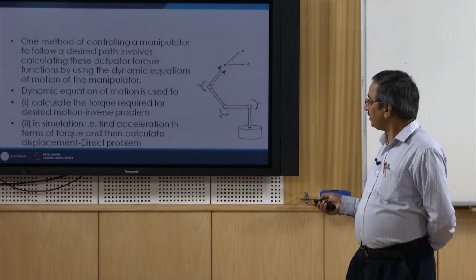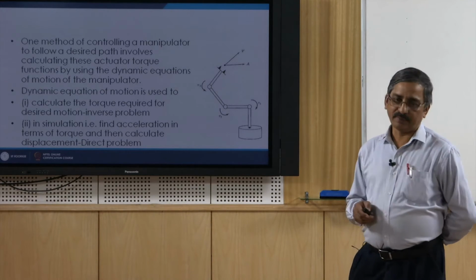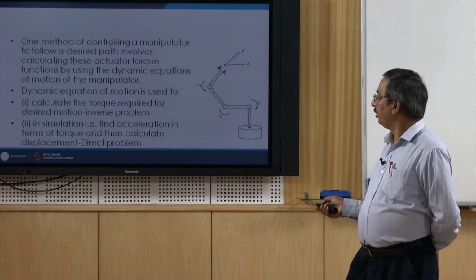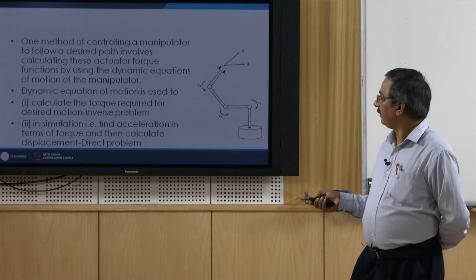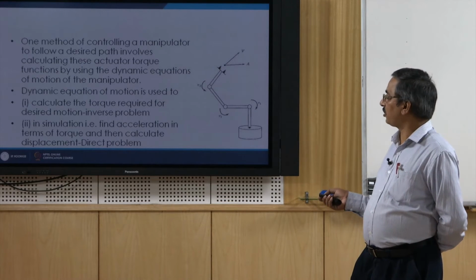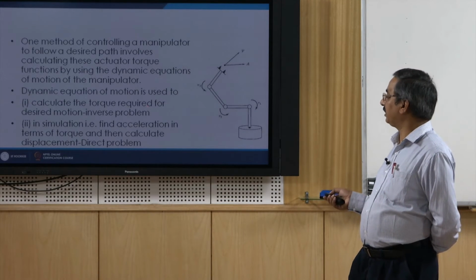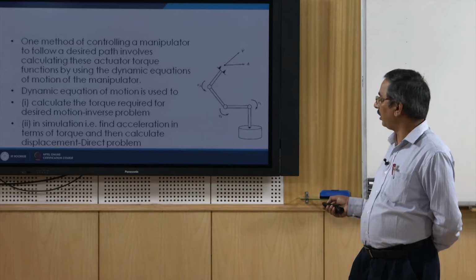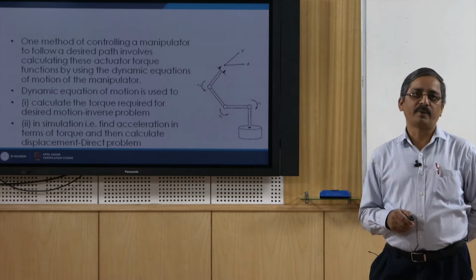Now, these dynamic equations of the motion of the manipulator can be used for two purposes. The first purpose, what I just talked to you about, is that we calculate the torque required for the desired motion, and this is what we call the inverse dynamics problem.